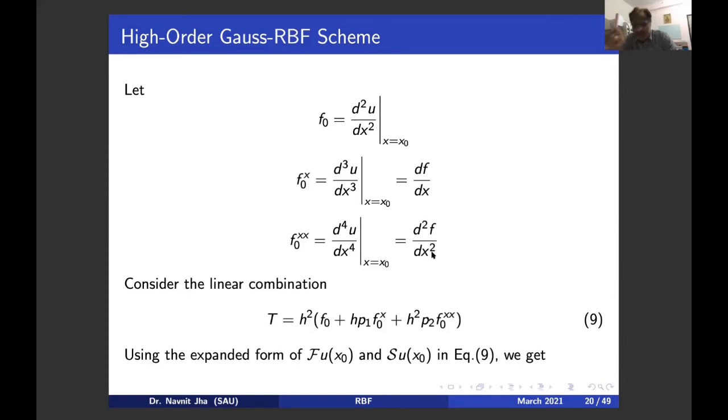At this point of time, if I ask you what is the radial basis function approximation of df by dx, you can straight away answer that it is equal to a00 f0 plus a01 f1 plus a02 f2. Isn't it? In the same way as the radial basis approximation of the u first derivative I have calculated, simply replace u by f.